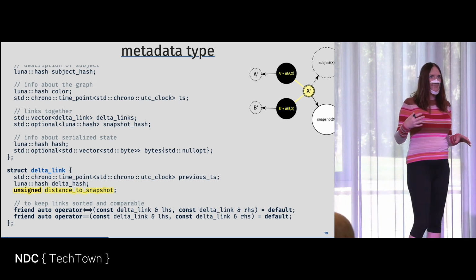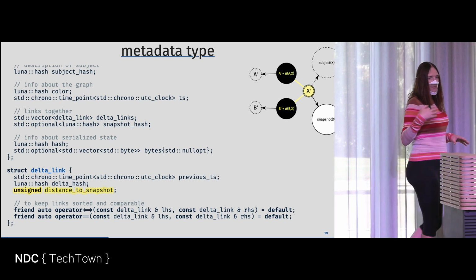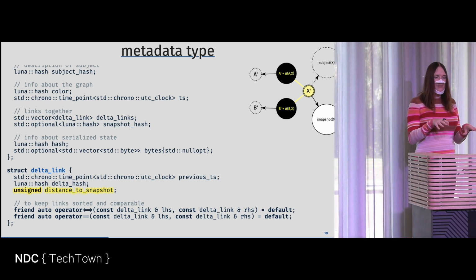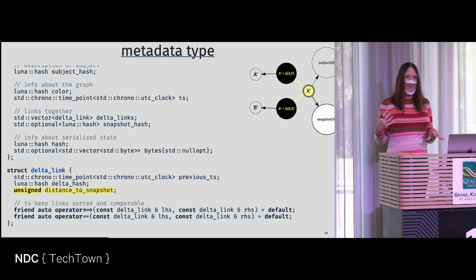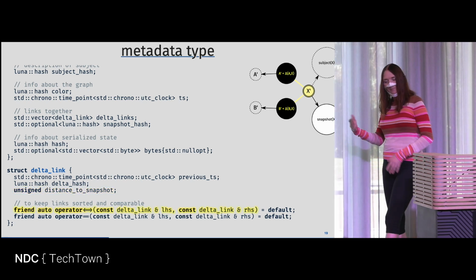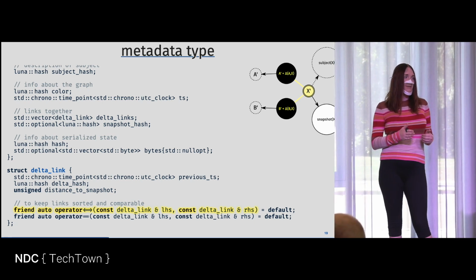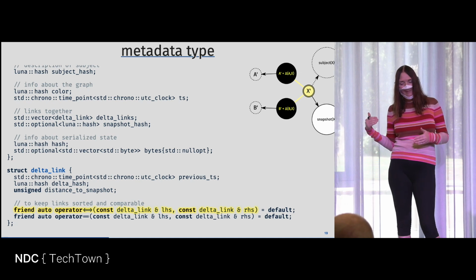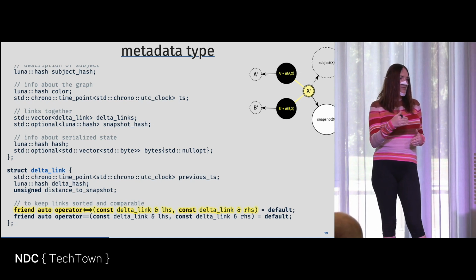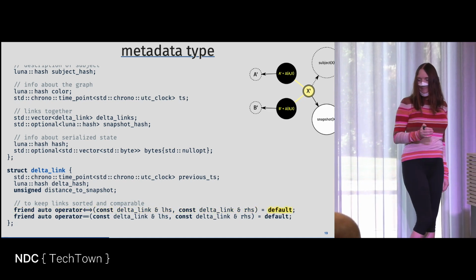Maybe once a week you will release a snapshot. So this distance is needed to find the shortest path to it. And there are also comparison operators which can be defaulted, because the only thing I need is to order them based on the time point. So we'll get there.